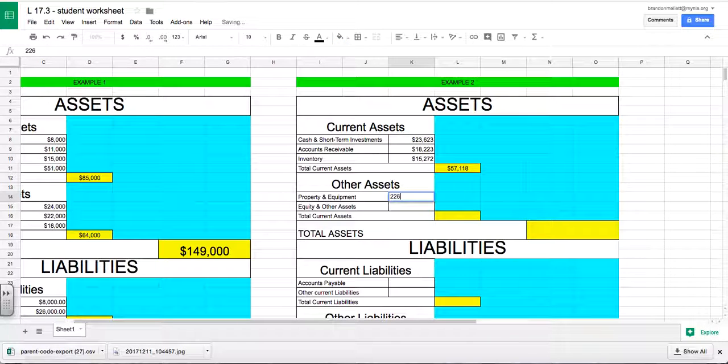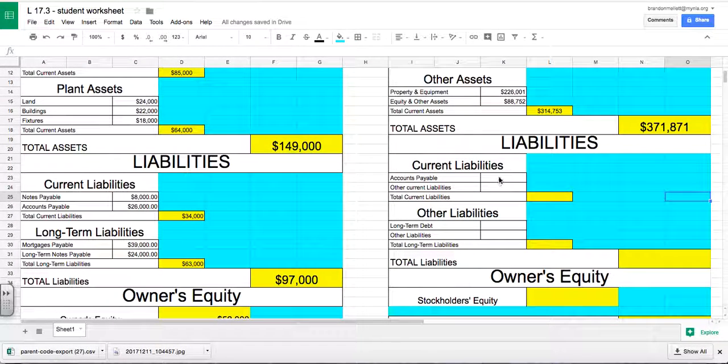For the other one, and for the other, or long term, is 314. Now we add these two categories together as we did in the previous example. We'd be at 371, 871.